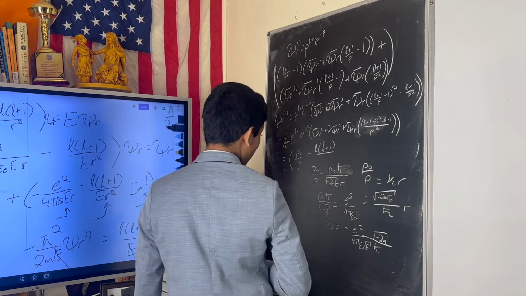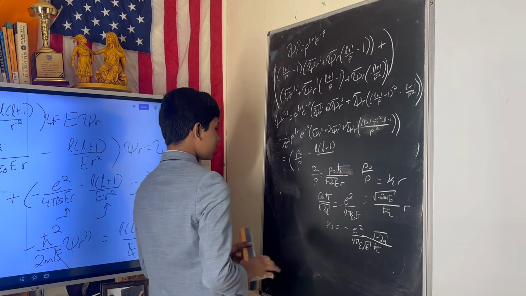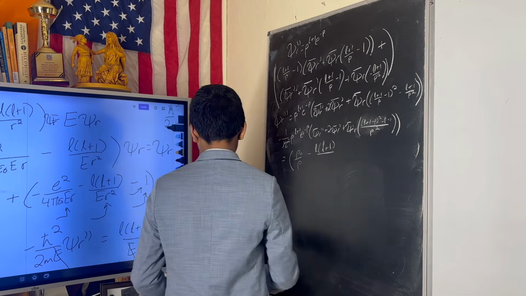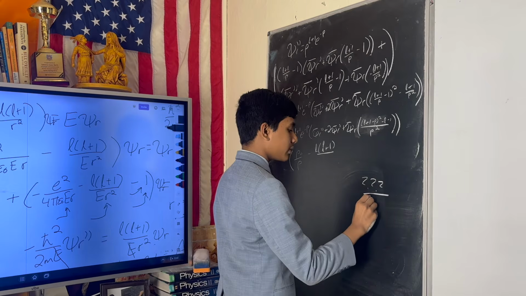That is actually hard to deal with. So what are we going to do in this case? Well, we want to reduce it to something of the form, who knows, divided by rho squared.